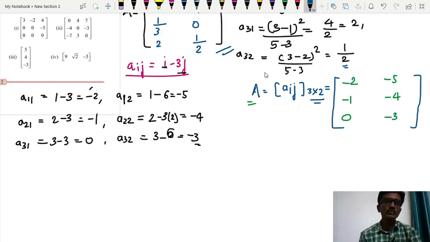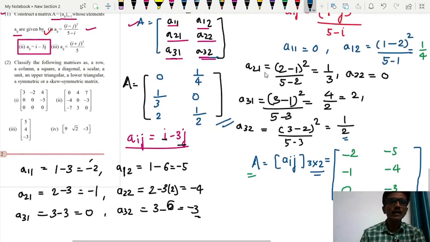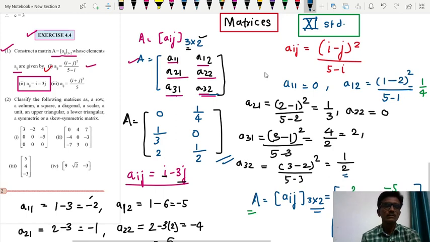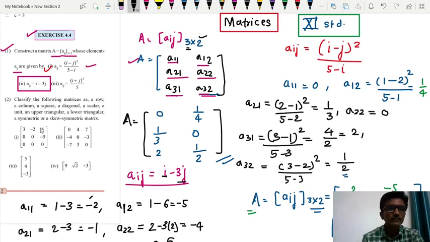Then the next question is on classifying matrices, that is types of matrices. So look at this matrix here. First of all it is a square matrix.